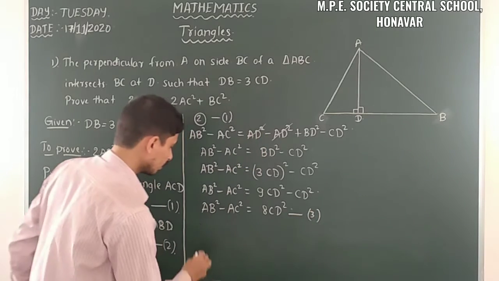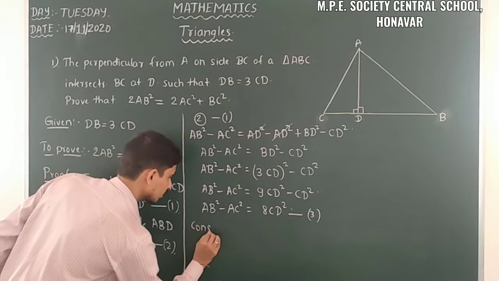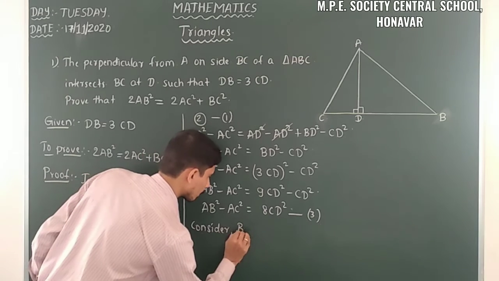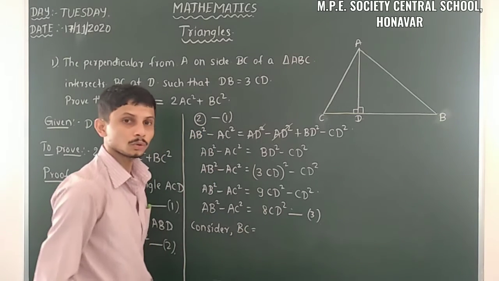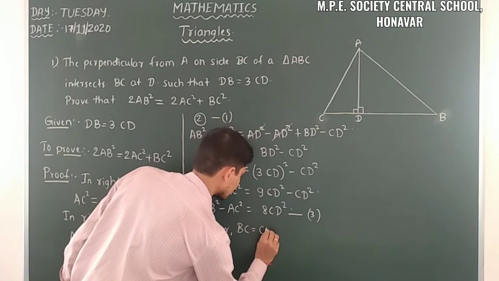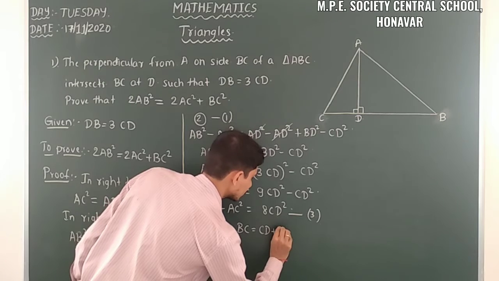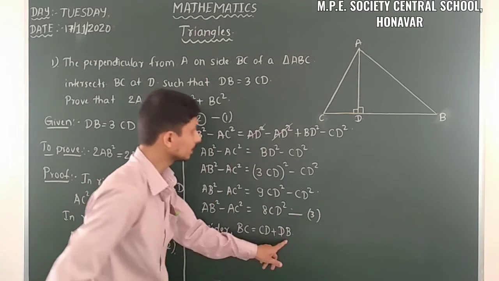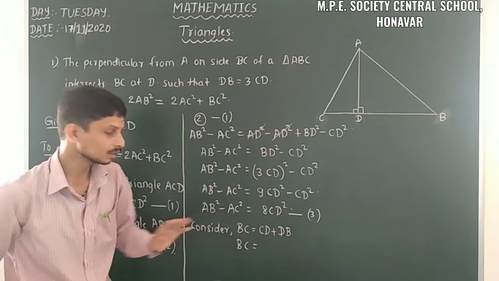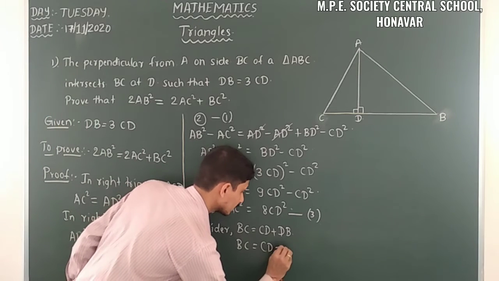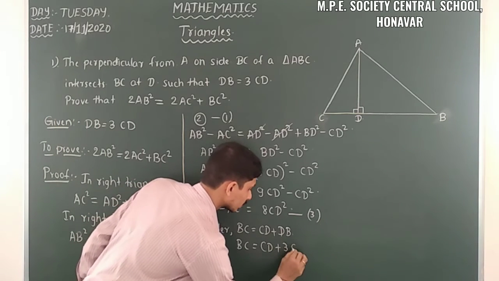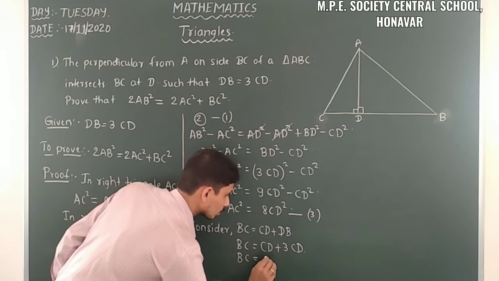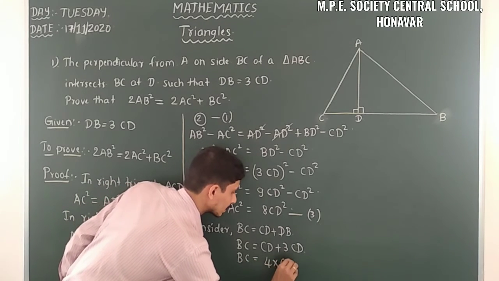Consider BC is equal to CD plus DB. We have DB is equal to 3 into CD. Substituting again, CD plus 3 into CD, then BC is equal to 4 into CD.